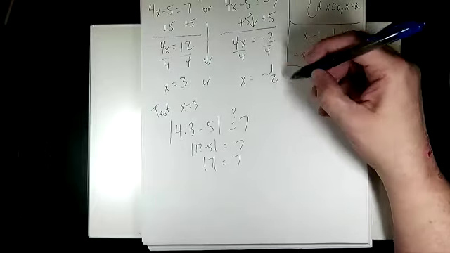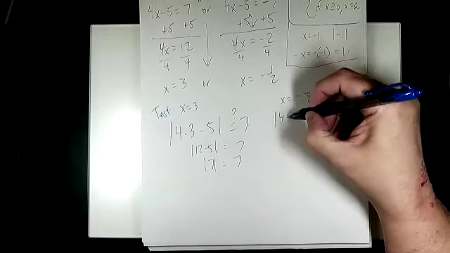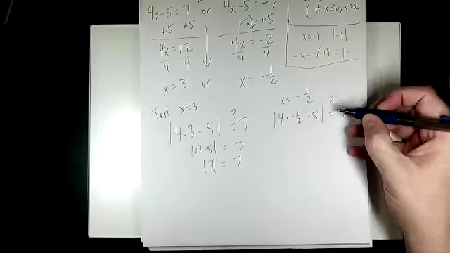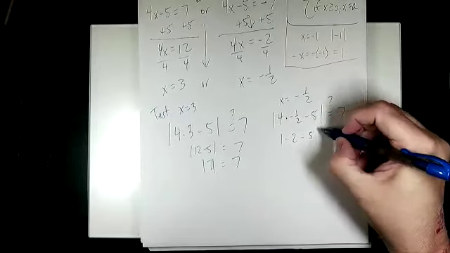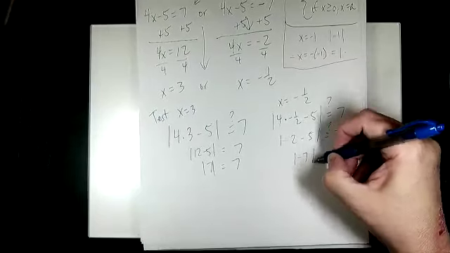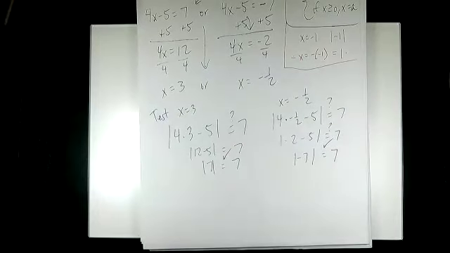We'll try the negative 1/2. The absolute value of 4 times negative 1/2 minus 5, does that equal 7? We get negative 2 minus 5 in the absolute value, and the absolute value of negative 7 is 7. So both cases work.